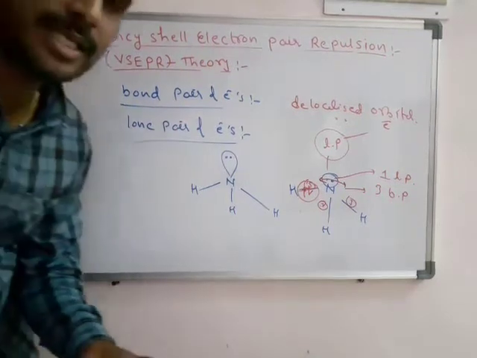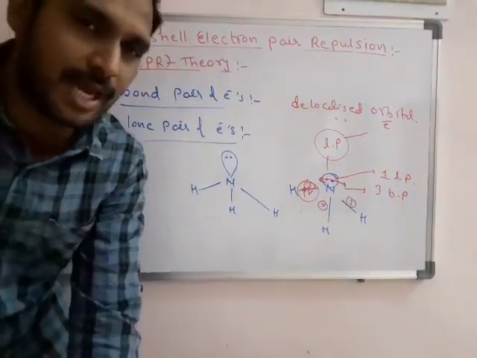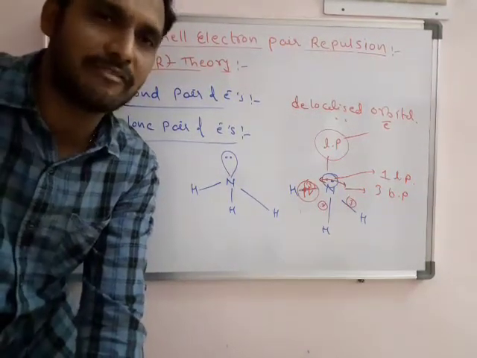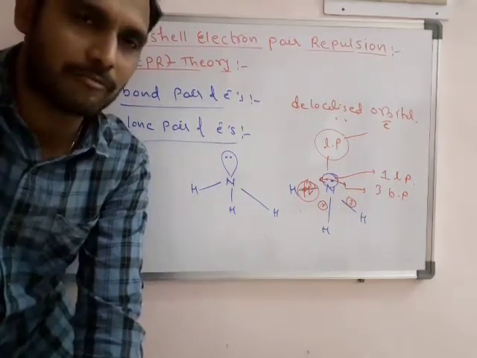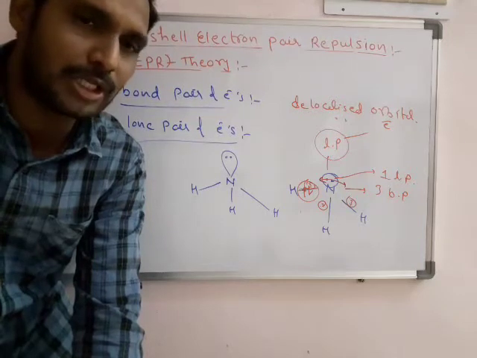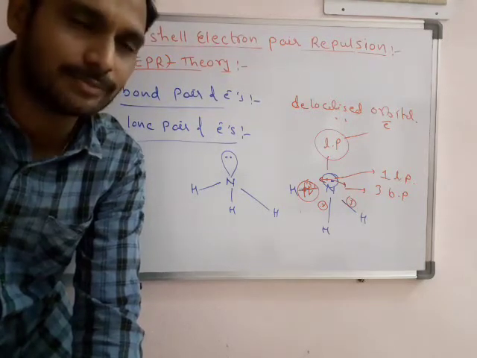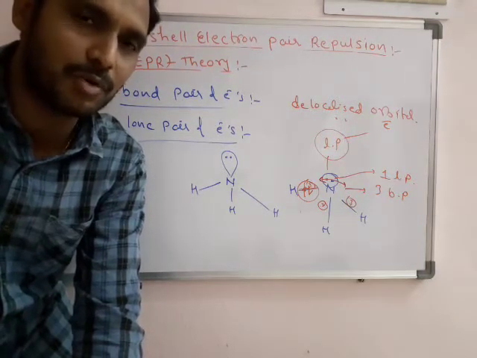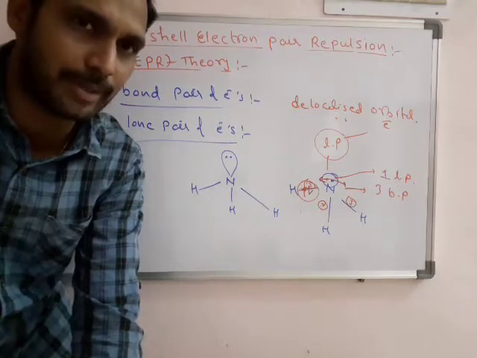This is according to VSEPR theory. It is also called general VSEPR theory, but the proper name is VSEPR theory. It tells about the shape of the molecule in terms of the central atom, the number of lone pairs and the number of bond pairs.